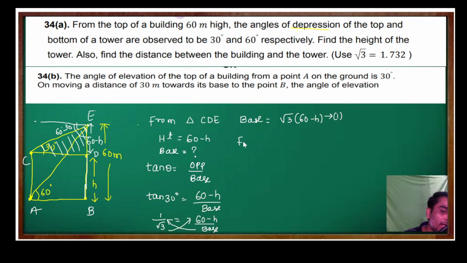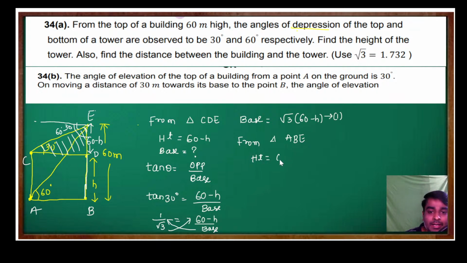Now from triangle ABE, the bigger triangle. Here also we are given height, and height is here 60.